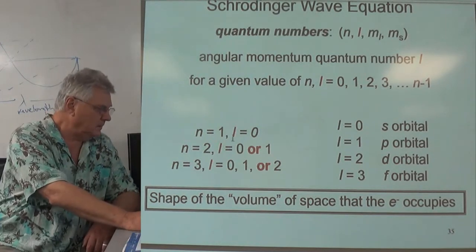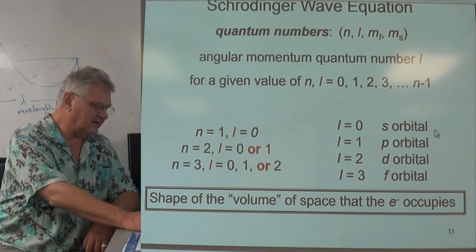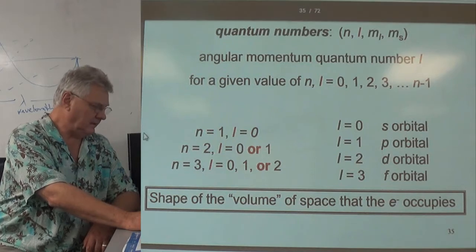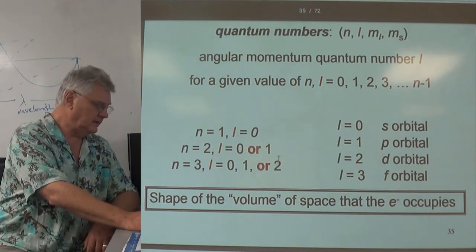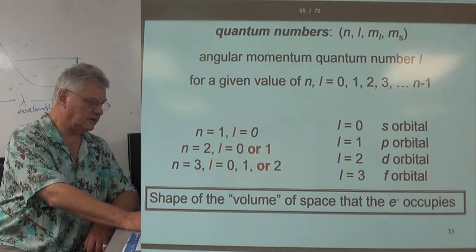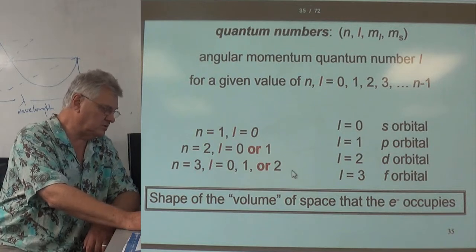And as you go up in different values of n, you increase the allowed values for the angular momentum quantum number. N equal 1, the only possibility is L equal to 0. We call that an s orbital. N equal 2, L can be 0 or 1. When it's 0, that's going to be another s orbital. And when it's 1, you're going to have your p orbitals. When n is equal to 3, L can be 0, 1, or 2.